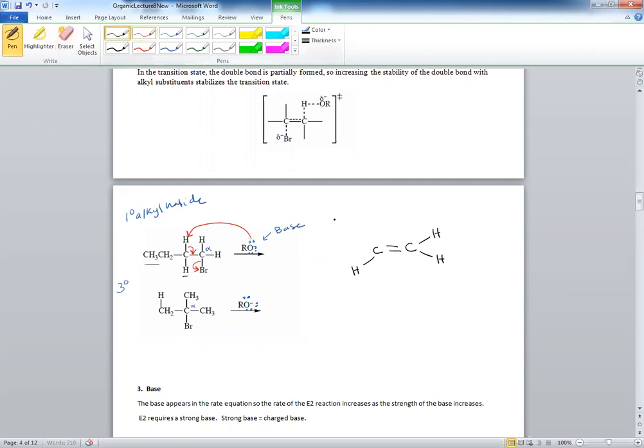Okay, I'm going to just rewrite it like this, redraw it like this. Plus, of course, HOR. But we don't care about the base here. So here's your product. Once again, I will mark the alpha carbon. It's right there. So you can see it. All right. So if we do this, we would get here a mono-substituted alkene. There's only one R group.